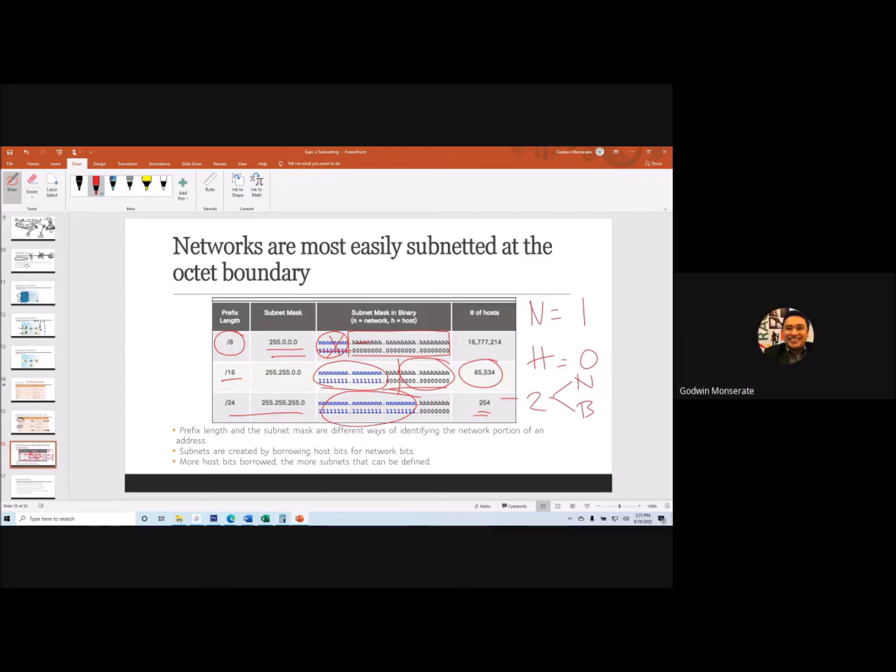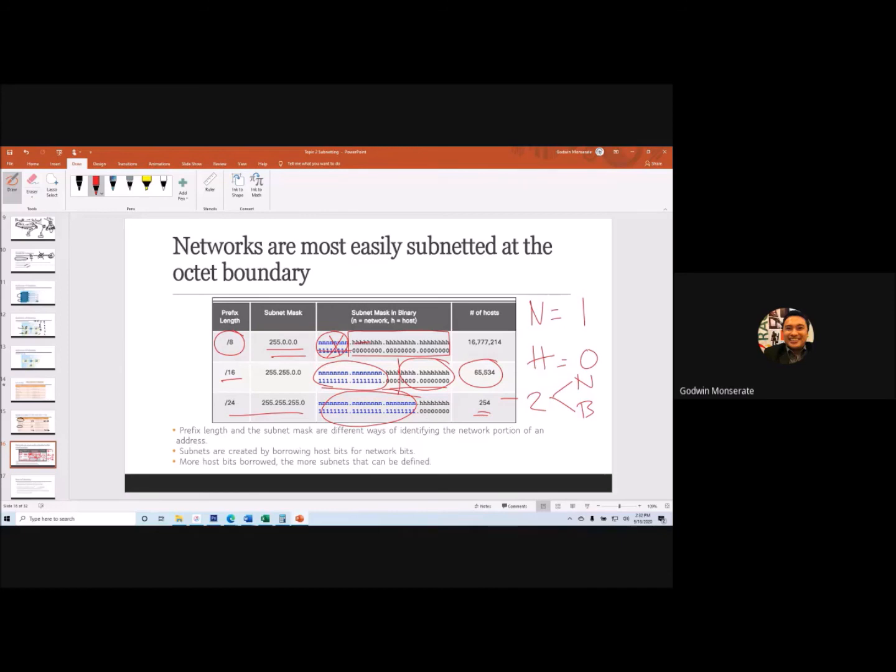Now, the prefix length and the subnet mask are different ways of identifying the network portion of an address. Just by looking at the subnet mask, you can determine what is network and what is host. Again, the subnet mask is made of 1s and 0s. If it's 0, it's automatically host. If it's 1, it's network.